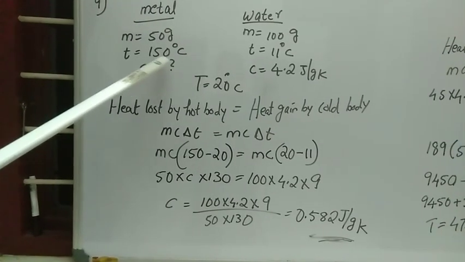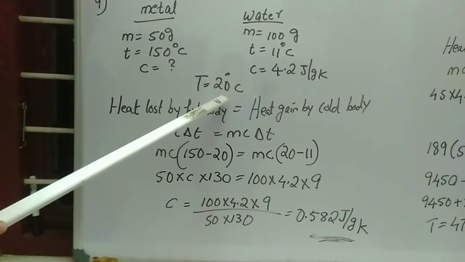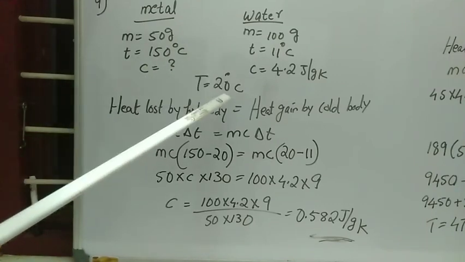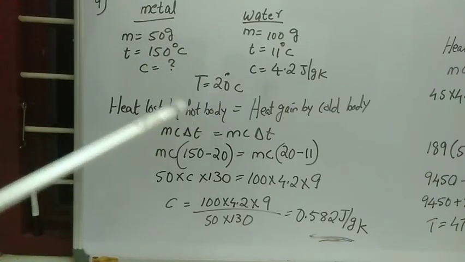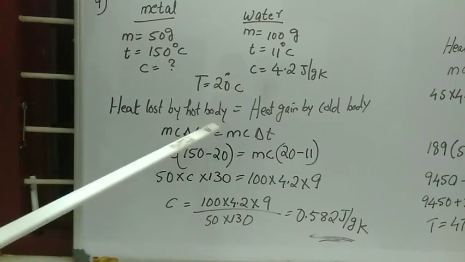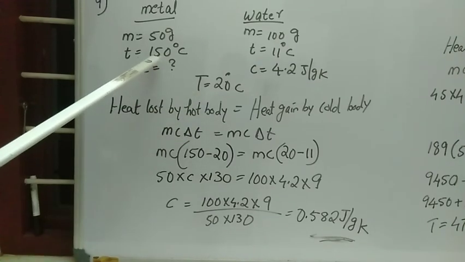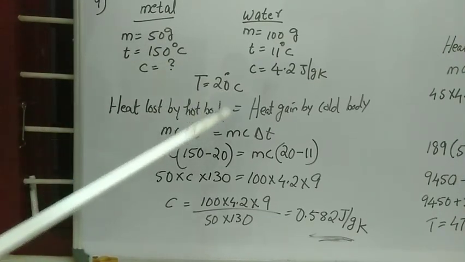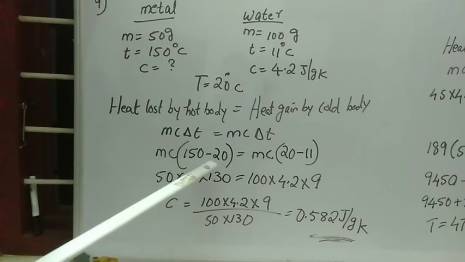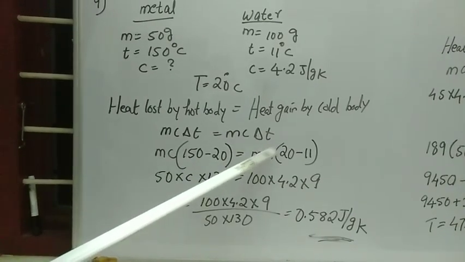It is going to reduce till 20. So we have to take 150 minus 20. Bigger number minus smaller number. From 150 degrees it is going to reduce to 20. So here you can see 150 minus 20 is equal to mc delta T.